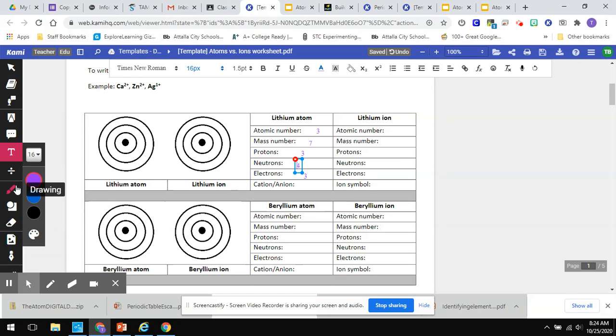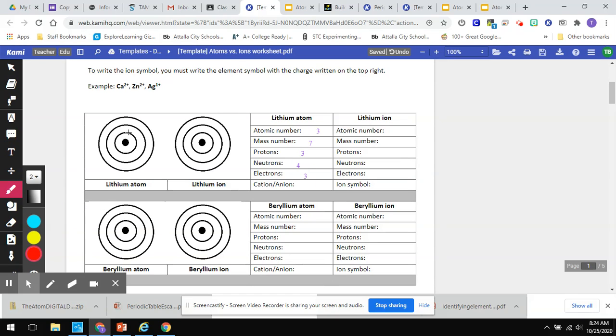So I could go ahead and go over here and diagram its atom. So it has 3 protons. So 1, 2, 3. And you might want to make those lines a little bit bigger for this one because the lines on here are a good bit bigger. So you might want to go up to like a 4 so that those electrons show up a little bit better. I'm going to come back to this in just a minute.